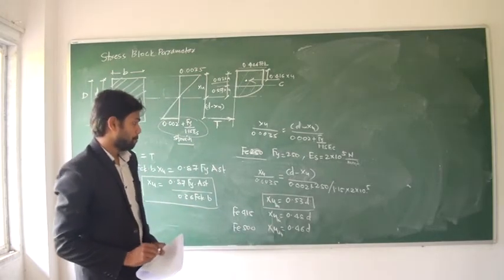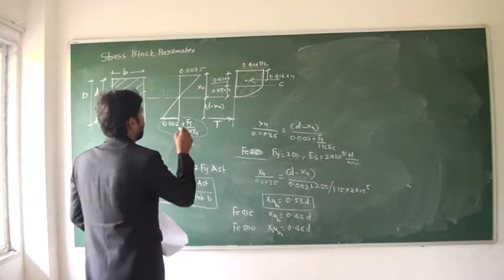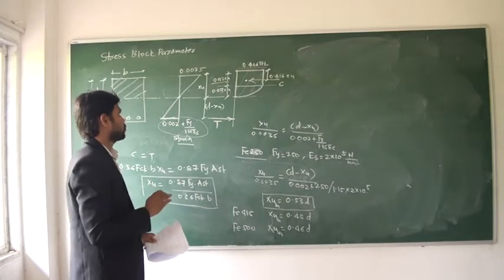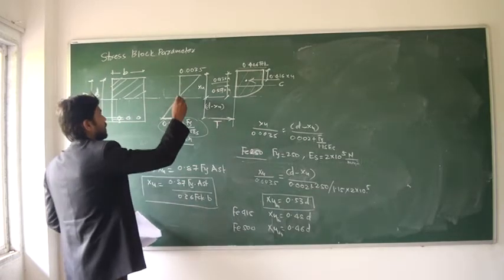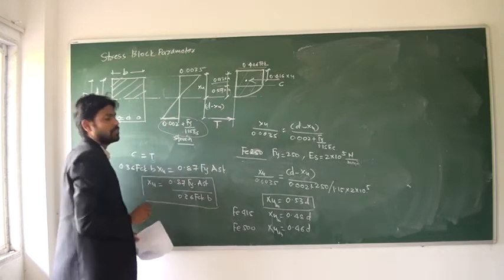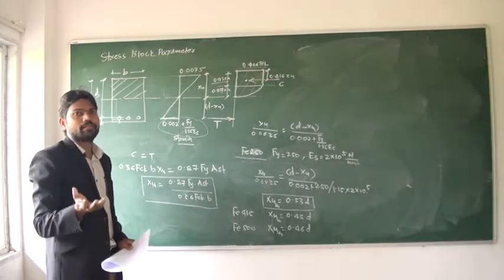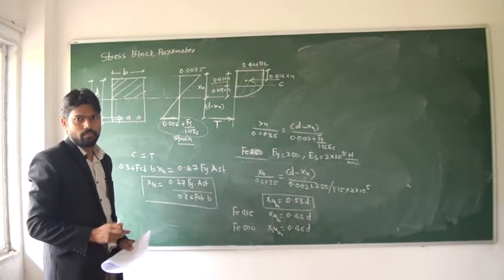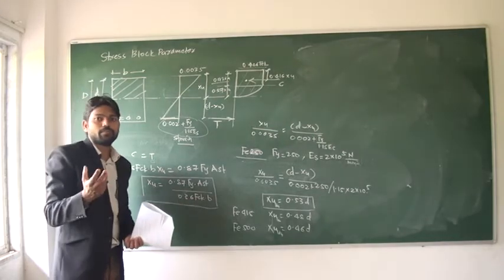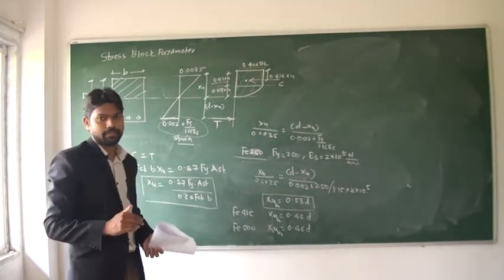Now see the mechanism of the under-reinforced section and the over-reinforced section. In a balanced section, both materials reach their ultimate state simultaneously. What if the section is under-reinforced? It means the amount of reinforcement provided is less than that required for the balanced section.